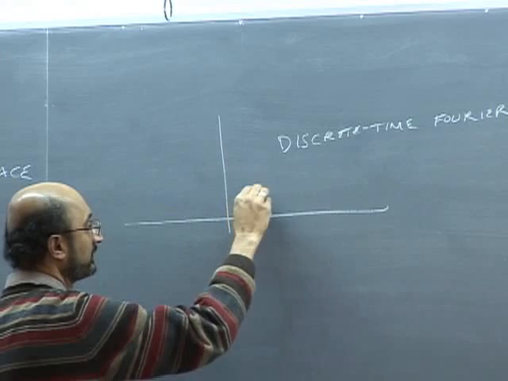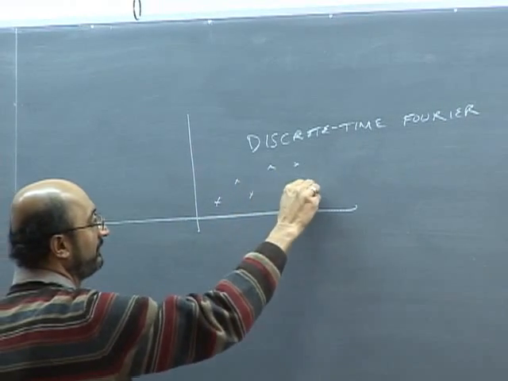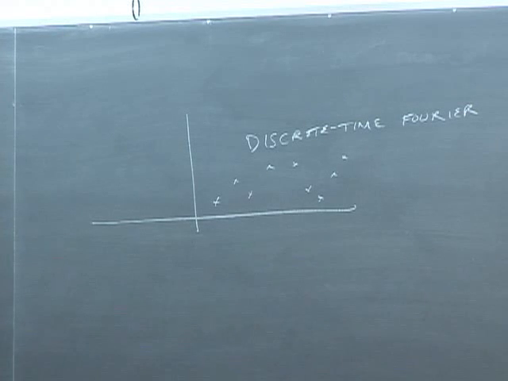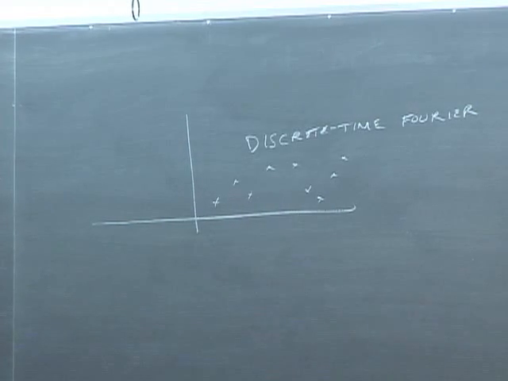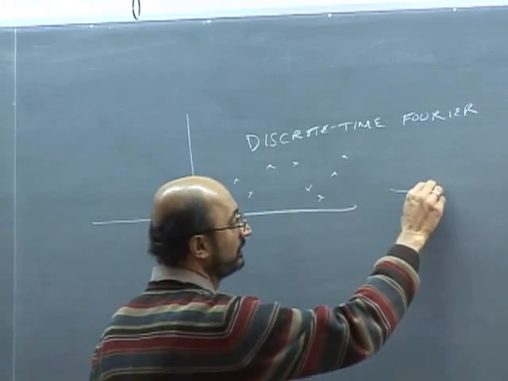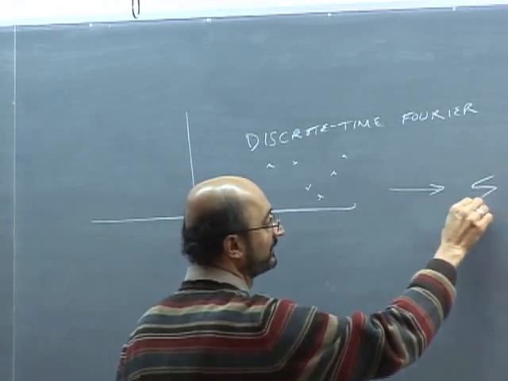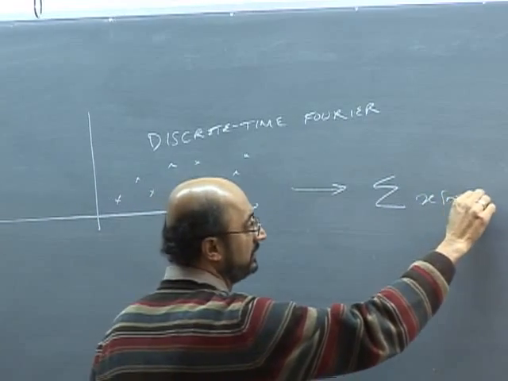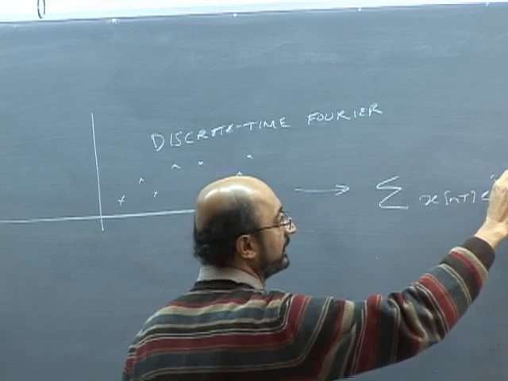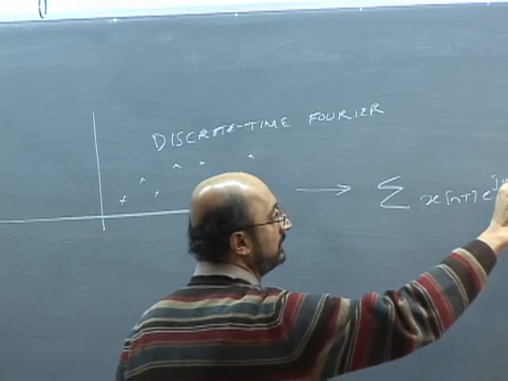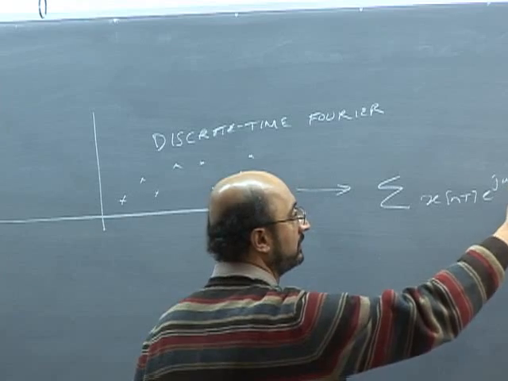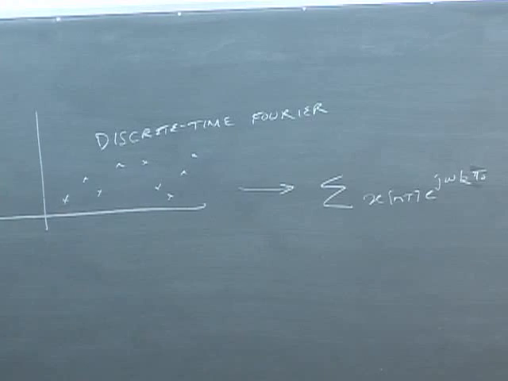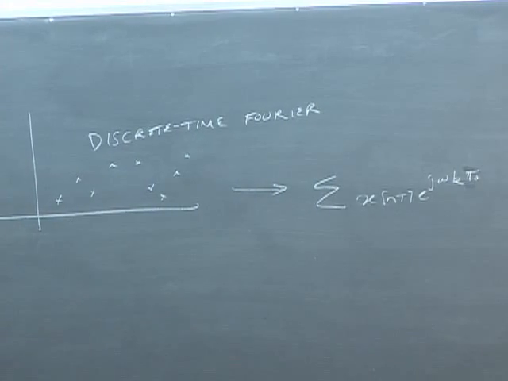We have some function, and we really don't care whether it's periodic or aperiodic, but we compute the discrete time Fourier transform as the sum of exponentials, x of kT times e to the j omega kT. I think that's right.